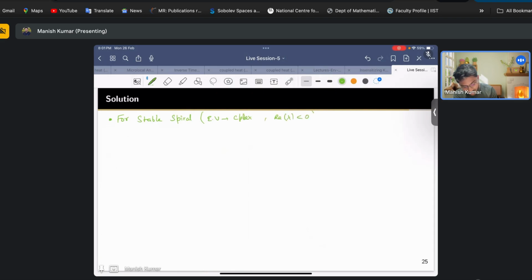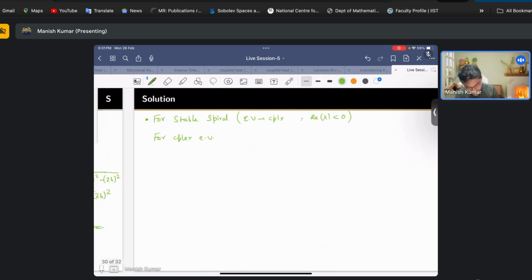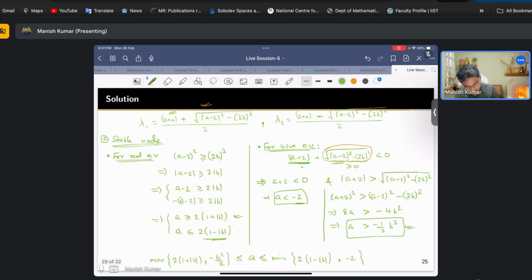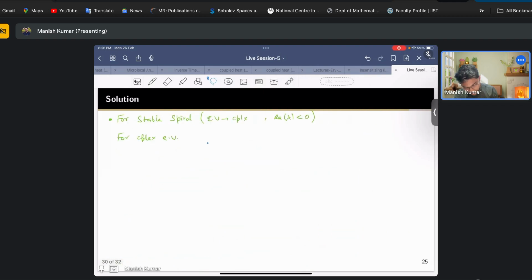This is what we have. Okay, so let us see for complex eigenvalues. So for complex eigenvalues, we want this term to be of opposite sign. So we want this thing, this should be there, right?